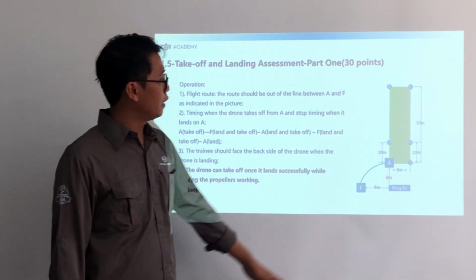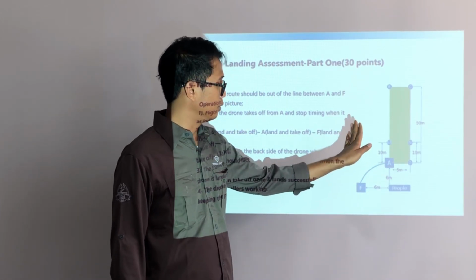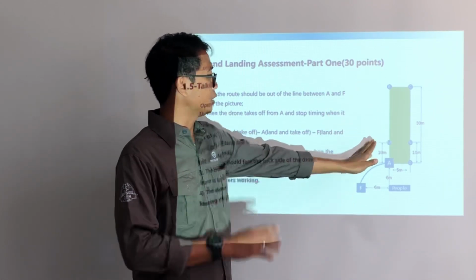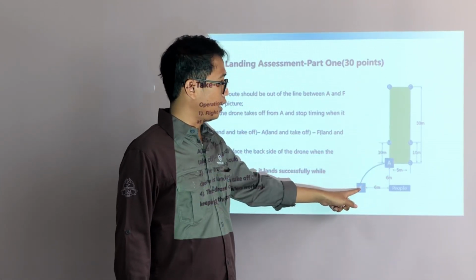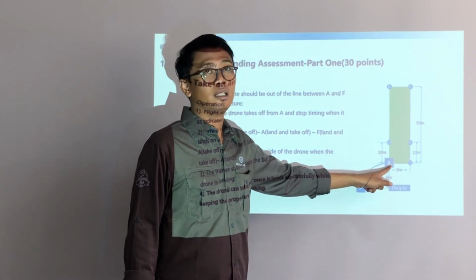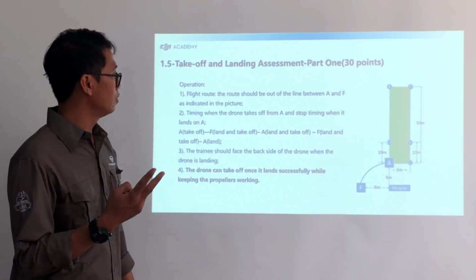So it means when we take off from A, going to the F, with the trainee facing the back of the drone, and land on F, and then take off again and back to the A and land it. We repeat two times.